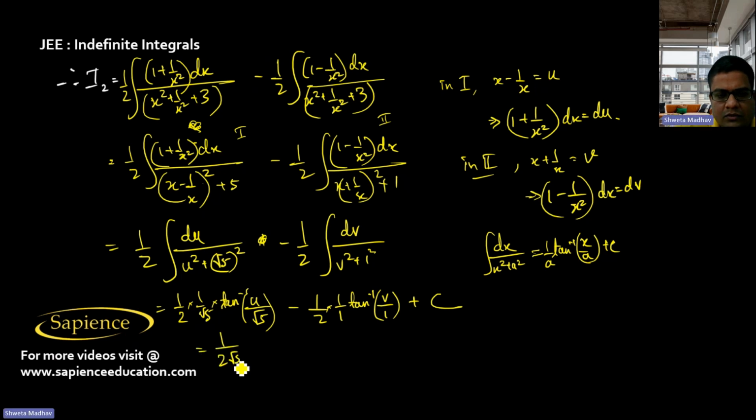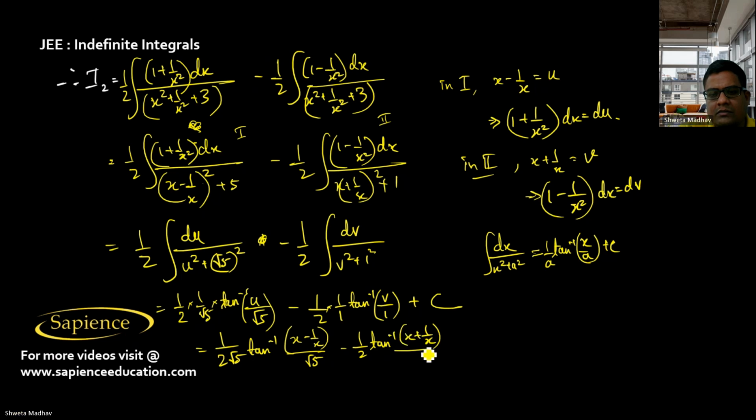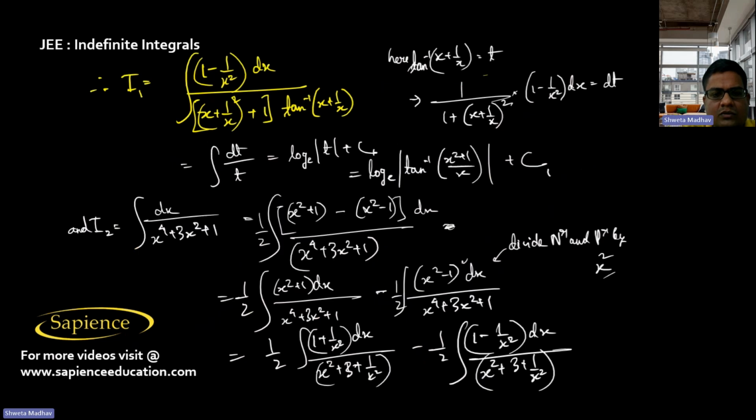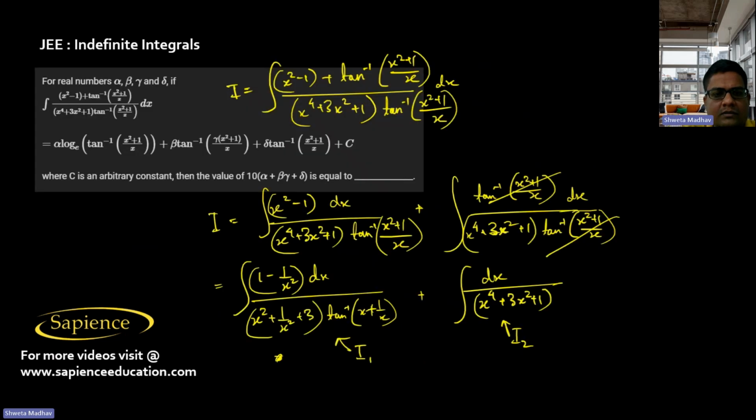So this is 1 by 2 root 5 tan inverse of x minus 1 by x by root 5, minus 1 by 2 tan inverse of x plus 1 by x by 1, plus c2 suppose. So these two integrals we have to add.